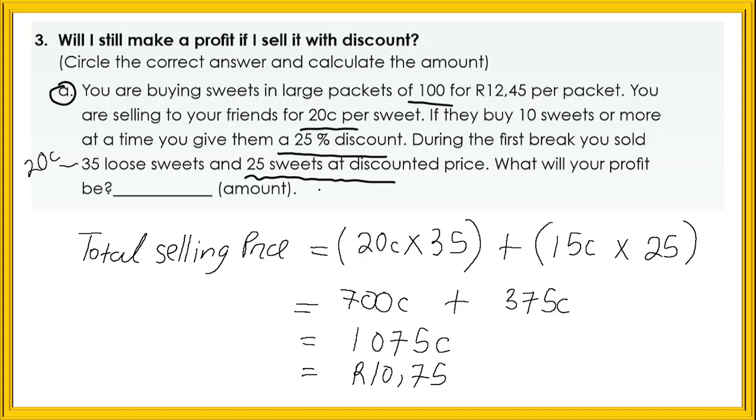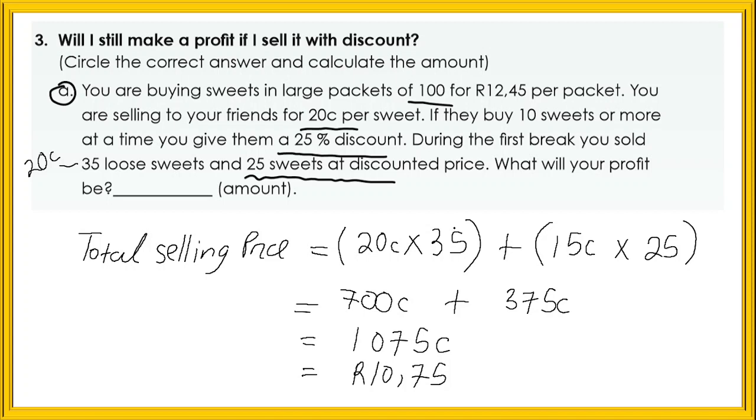35 loose sweets and 25 sweets at discounted price. Can't you just sell them at normal price? Because this is a lot of work. Well, with every business, somehow you have to give a discount.